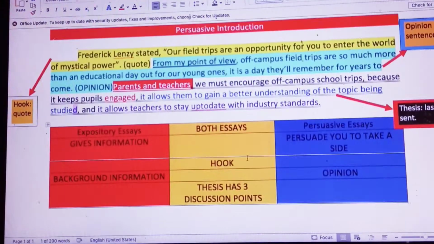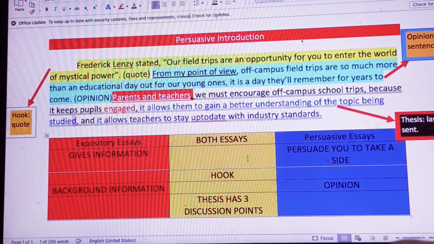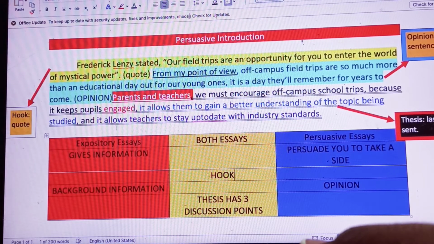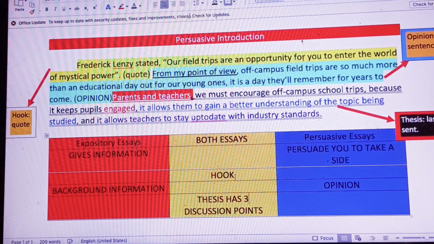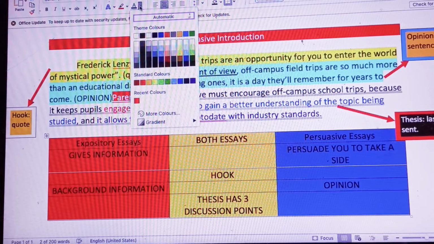So notice the persuasive introduction and the expository introduction both have a hook. They both have a thesis. However, let's look at a fundamental difference between the two of them. If you notice here, the expository essay only gives background information.